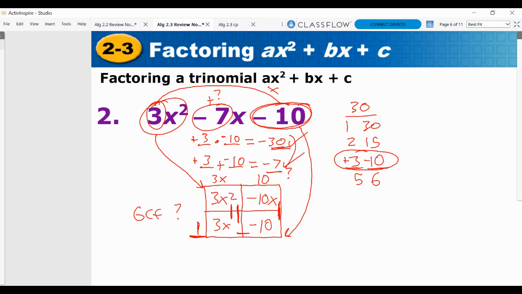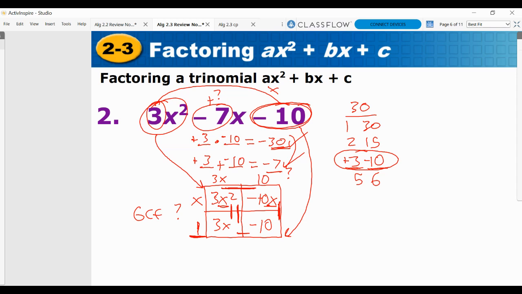And then lastly, we'll go this way and figure out what goes in our space to the left. So 3 and 10, we don't have a greatest common factor for those, but they each have an x in common, so we'll put an x right there.